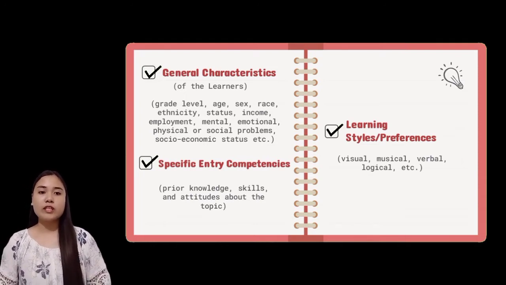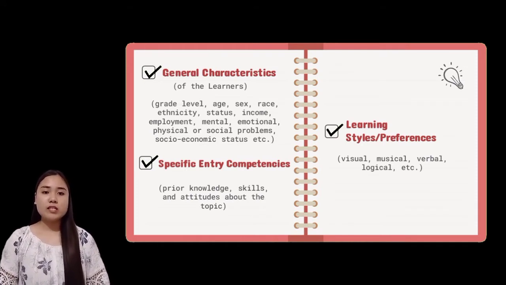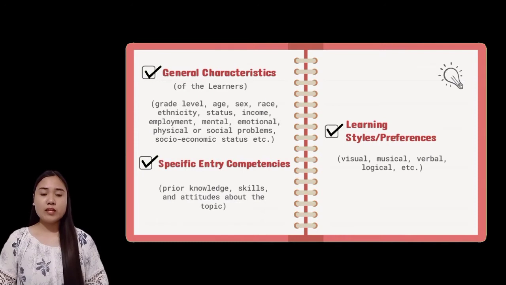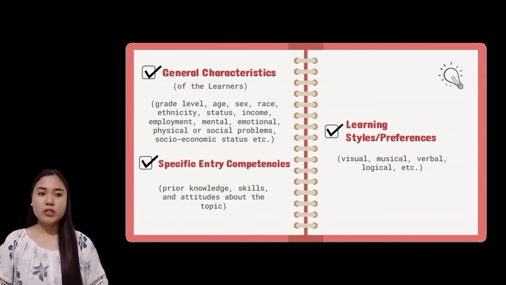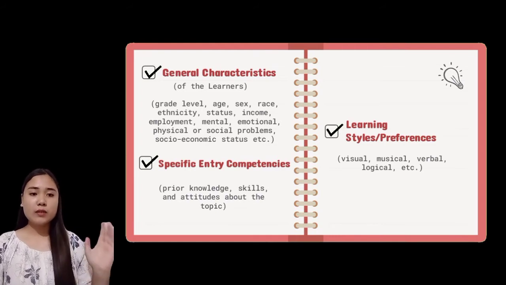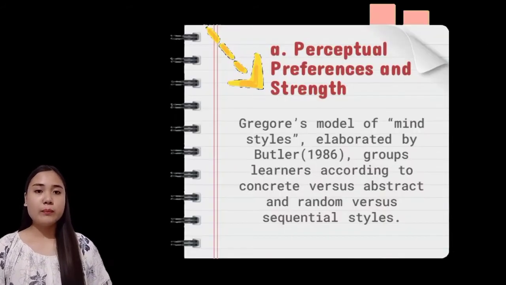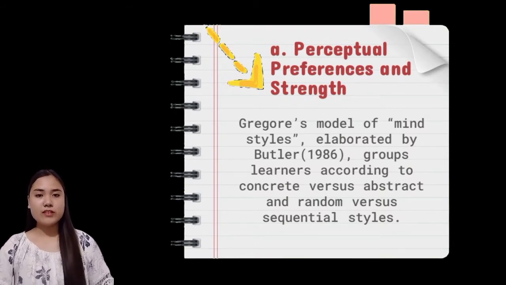Learning styles variables discussed in the literature can be categorized as perceptual preferences and strengths, information processing habits, motivational factors, and psychological factors. So, first, the perceptual preferences and strengths.